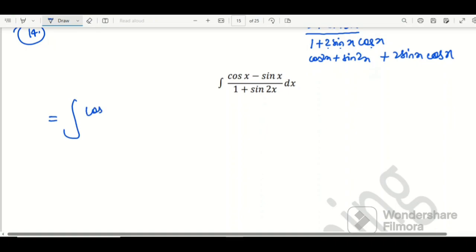So now we'll have cos x minus sin x, and here at the place of 1, as I told you in the starting, we'll replace 1 with sin square x plus cos square x plus 2 sin x into cos x.